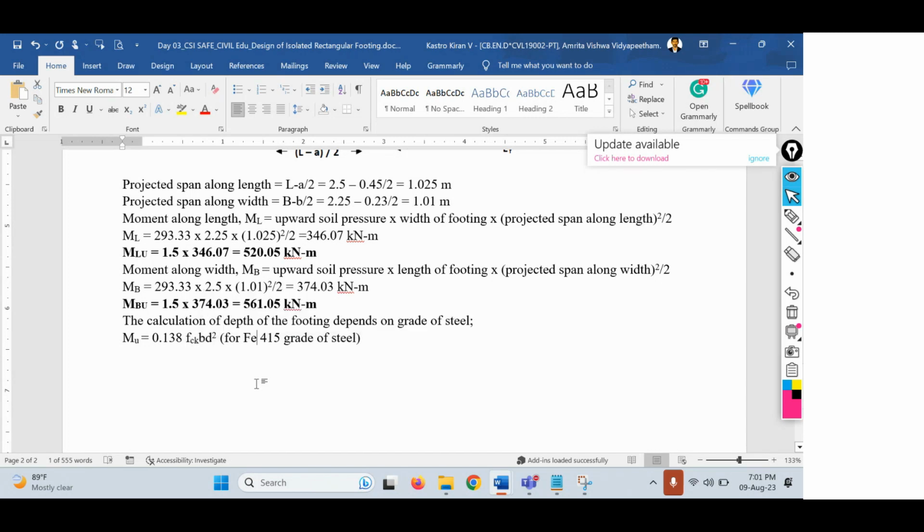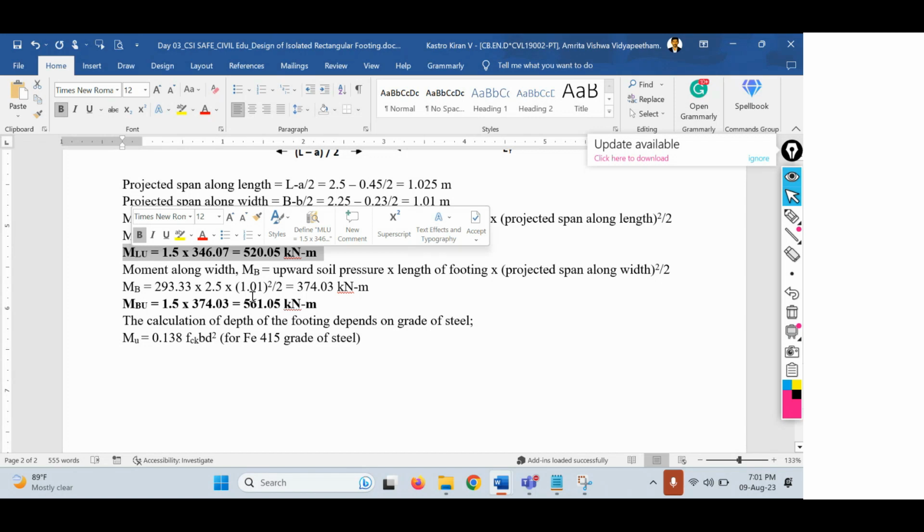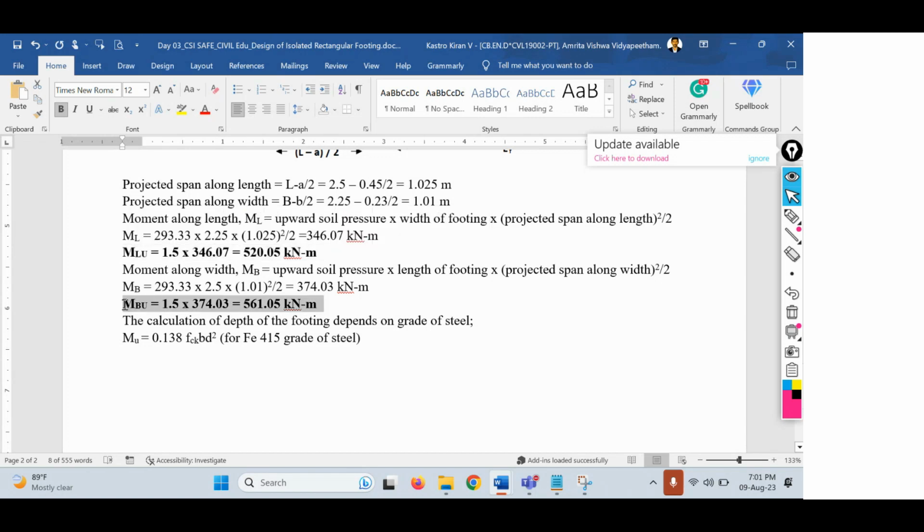Now here we got two Mu values, that is the moment along the length direction and the moment along the width direction. So which one do we consider while calculating the value of D, that is the depth of the foundation? The moment is taken as the largest of MLU and MBU.